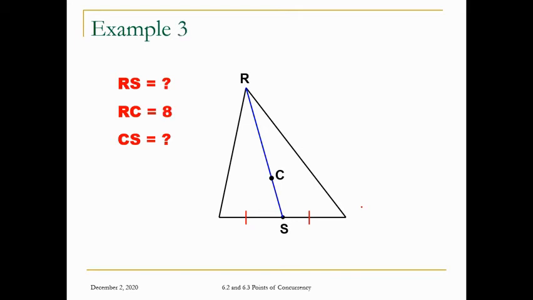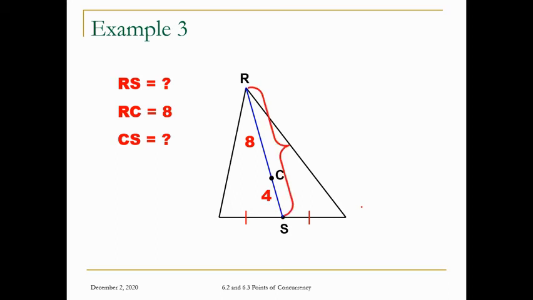If they give us the RC value of 8, then what will be the value of the CS? It will be 4. Notice how this is half of the 2/3 distance. Then what is our total distance for RS?